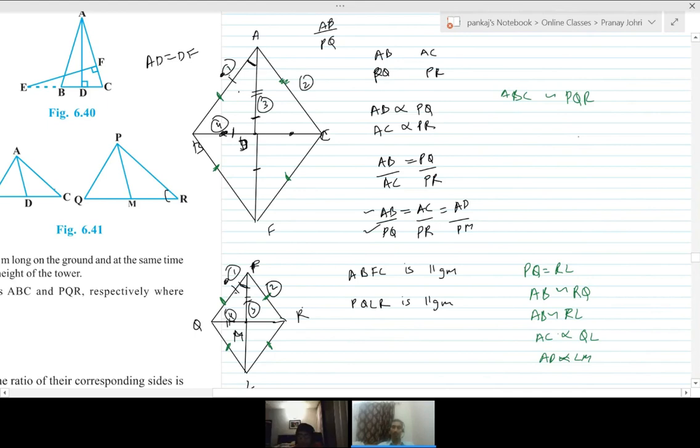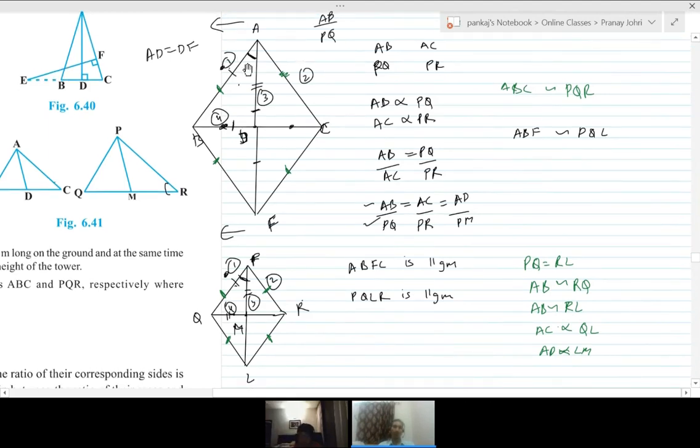So if we somehow prove that these two are similar, ABF and PQL, the left part of the triangle, then angle A would automatically be equal to angle P, and that would solve our case.